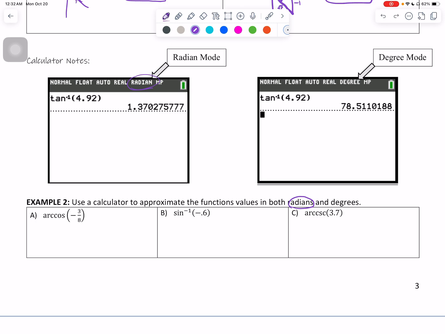So I'm going to do radians first. So the inverse cosine of negative 3 over 8. I hope you are doing this and having your calculator. If nothing else, the video is going to give you the answers, but make sure you're getting them in your calculator. So in radians, I got 1.955.